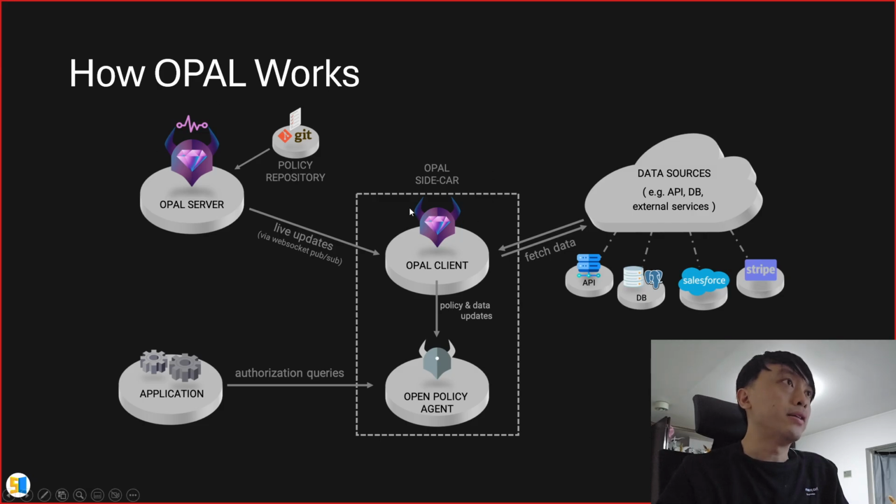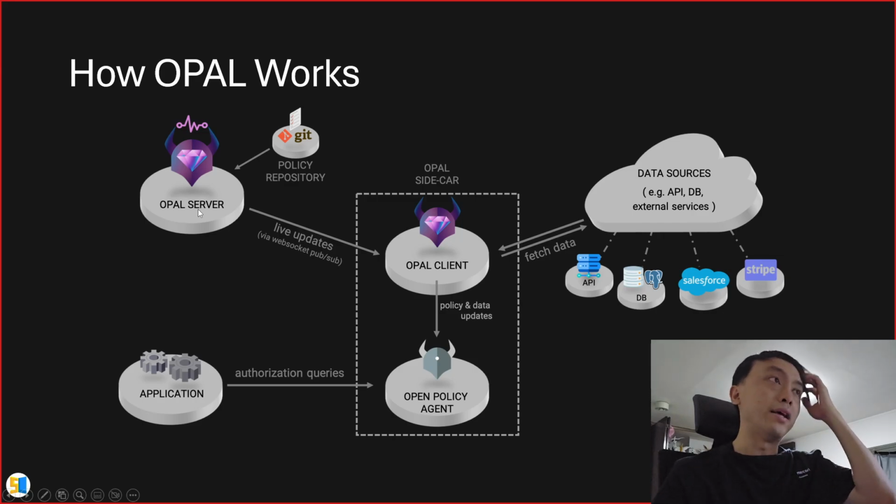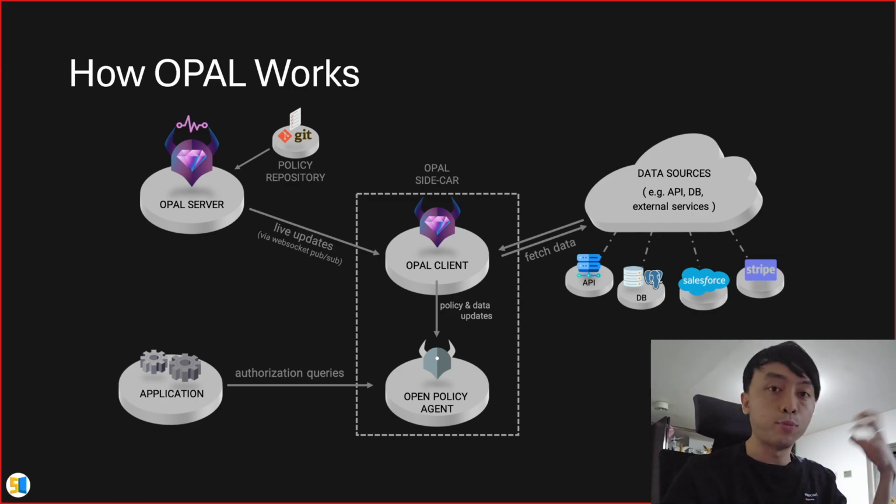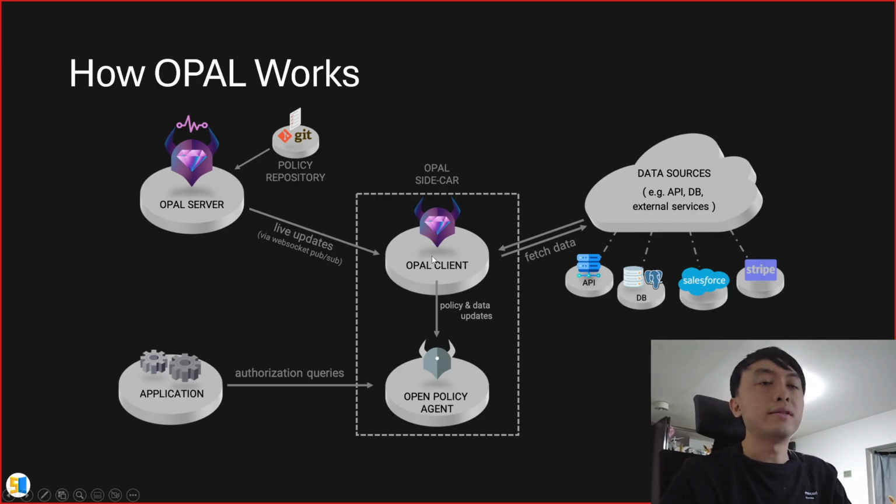If there are changes in the repository, the OPAL server can acknowledge that by using a webhook or by actively polling the repository, and then it will tell the clients via PubSub, so that clients will know what the latest policy code is.